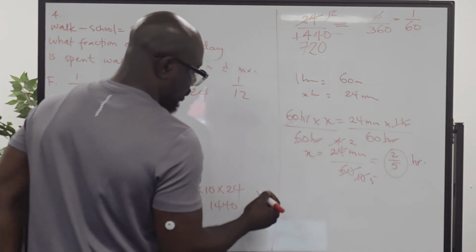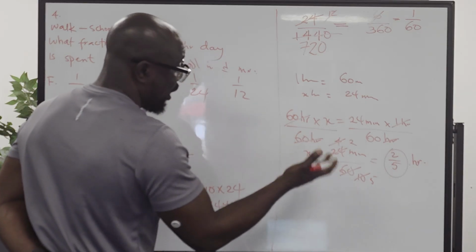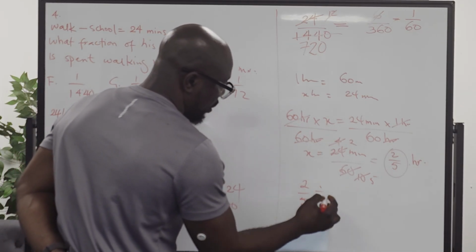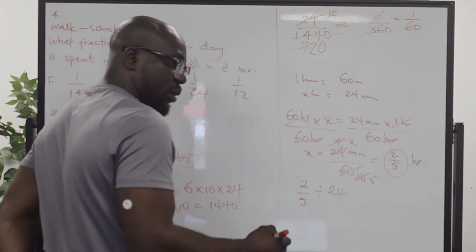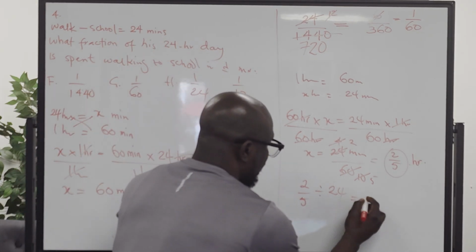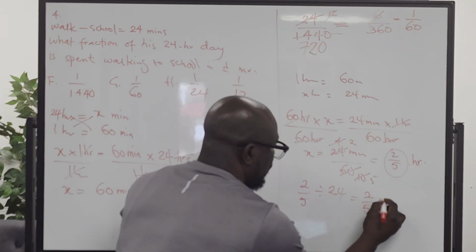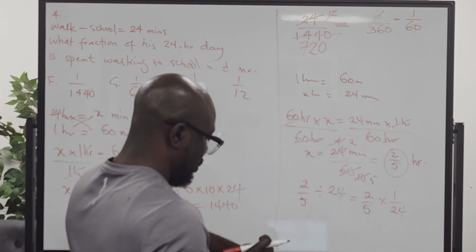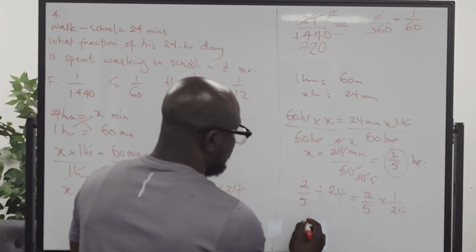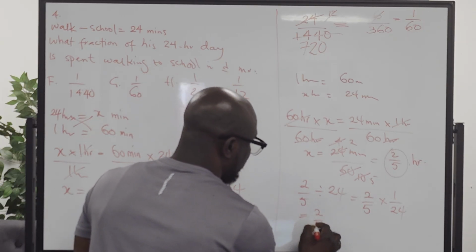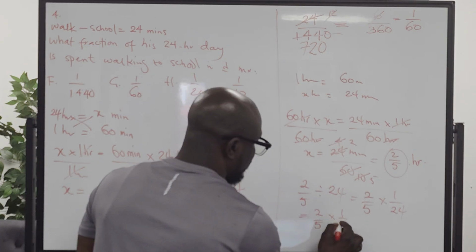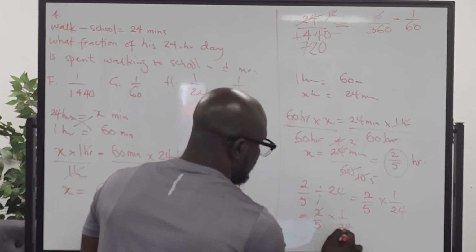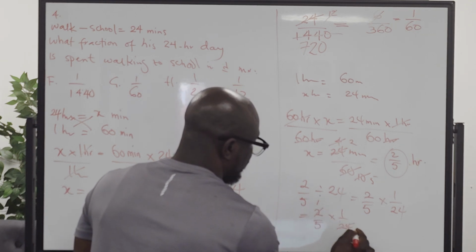So now you can say that the fraction is now 2 over 5 divided by 24, right? And this is the same thing as 2 over 5 times 1 over 24. 2 in 2 is 1. 2 in 24 is 12.